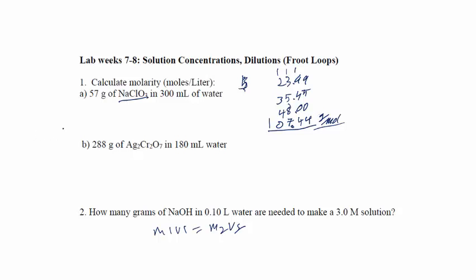So we take 57 grams divided by 107.44 grams per mole, times 1 over 0.300 liters. And it looks like I'm limited to 2 sig figs by the 57.